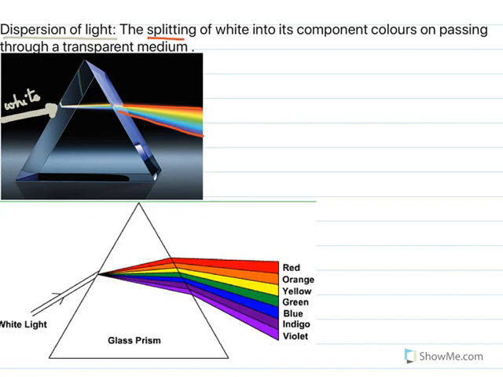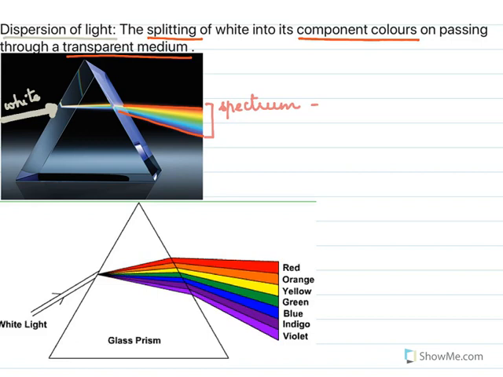So dispersion is the splitting of white light into its component colors on passing through a transparent medium. And this band of colors that we get here is called the spectrum.